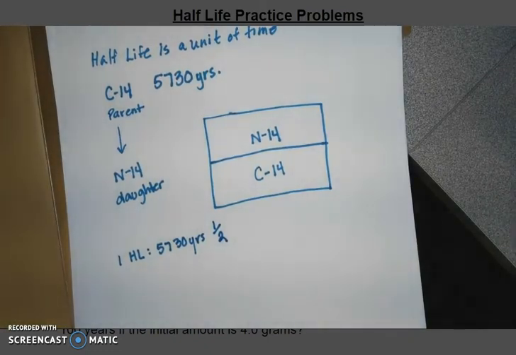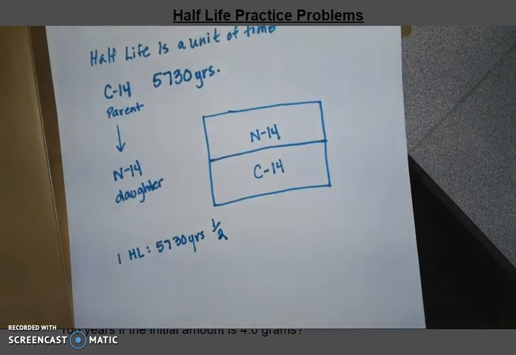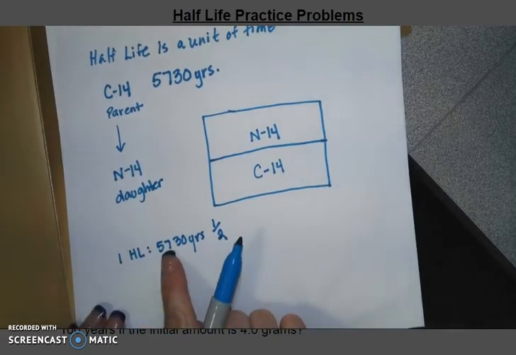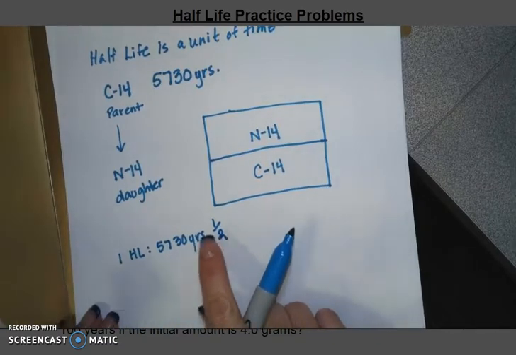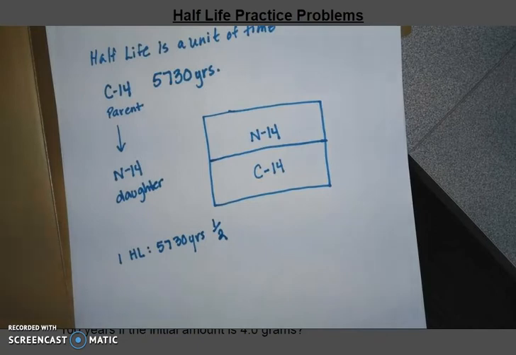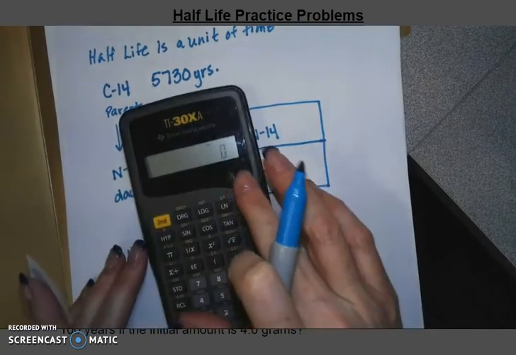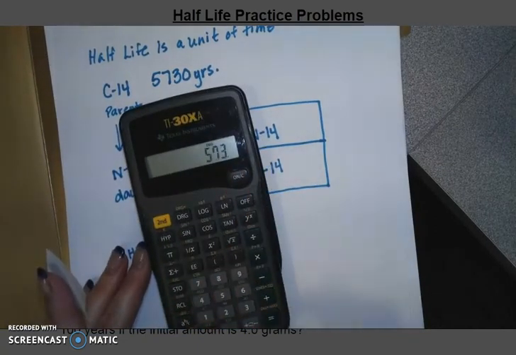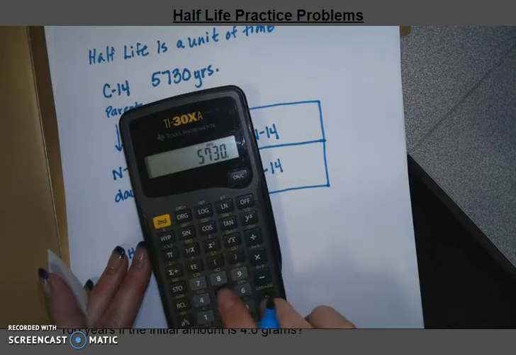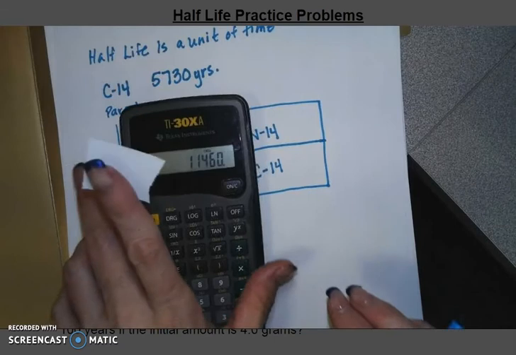A second half-life would pass after an additional 5,730 years. So if we added an additional 5,730 years here, which when we add these together, it's 11,460 years.